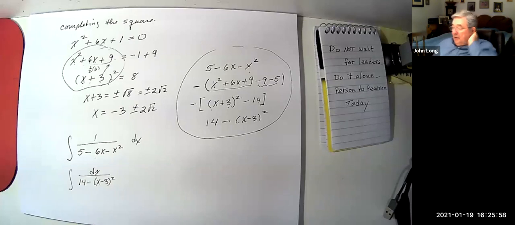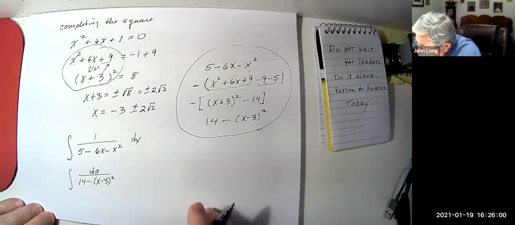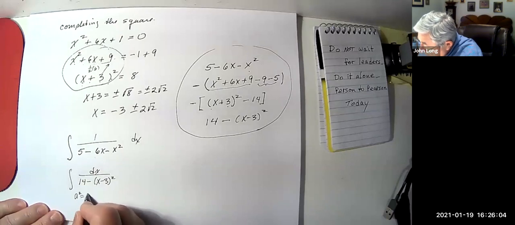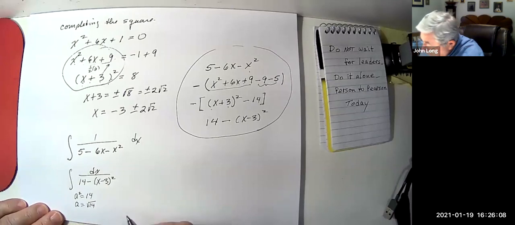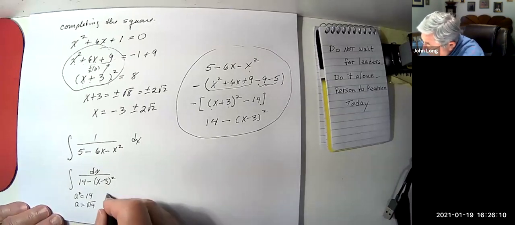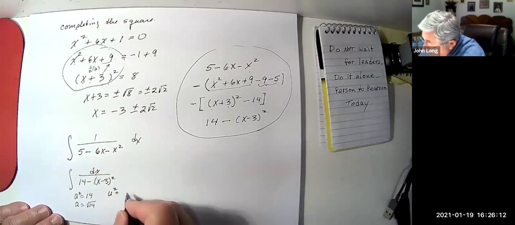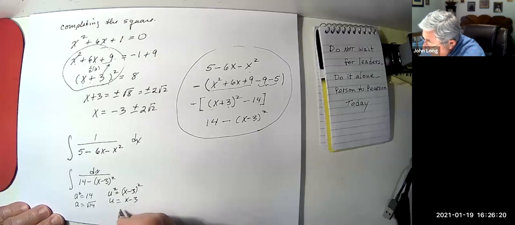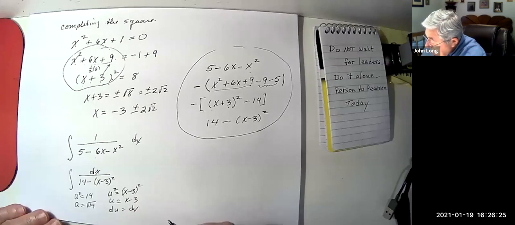Now, I'll look to see if this meets our arctangent format. A squared is 14, so a is the square root of 14. Not bothered by that. U squared is x minus 3 quantity squared, making u x minus 3 and du dx.